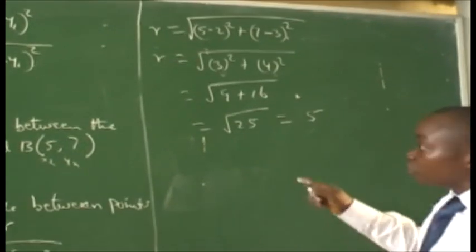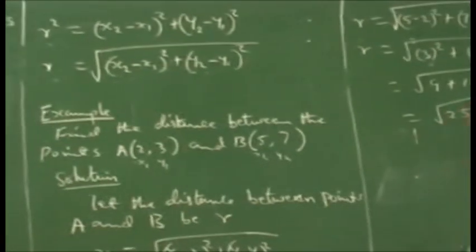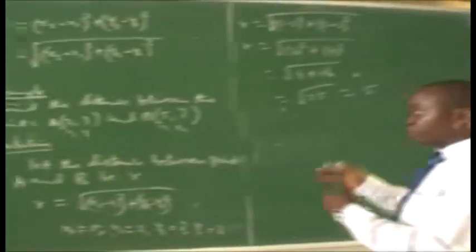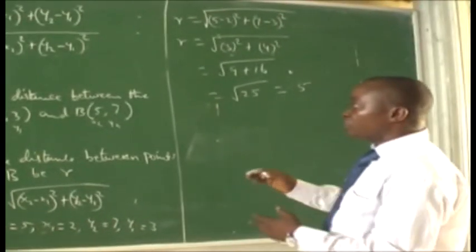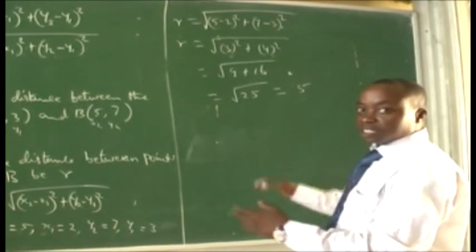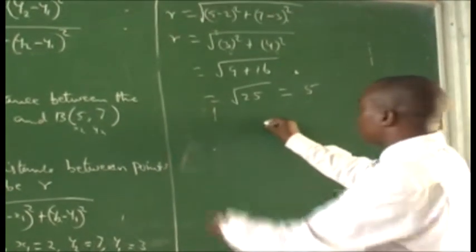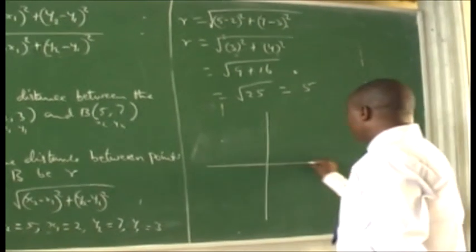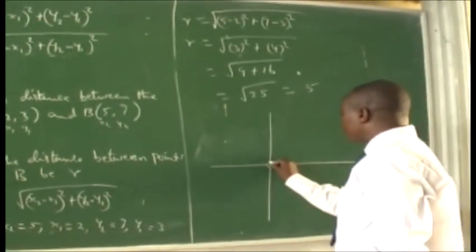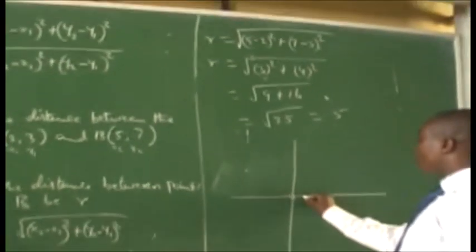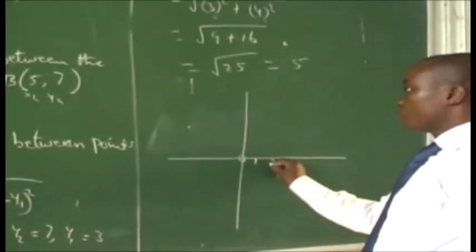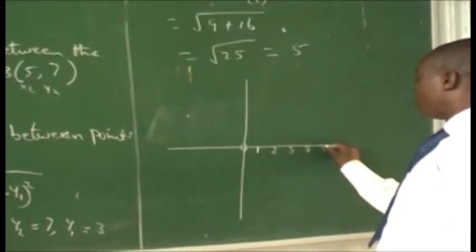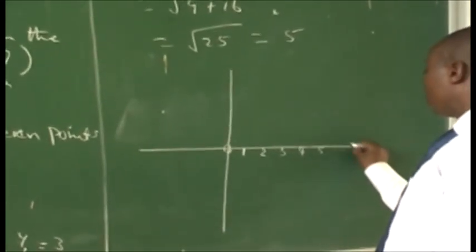That is the distance between these points. But if we want, we can put the points on coordinates so that you really understand the distance, how it is. For instance, I want to present these points on coordinates. I think I will have something like this: 1, 2, 3, 4, 5, and it continues that way.